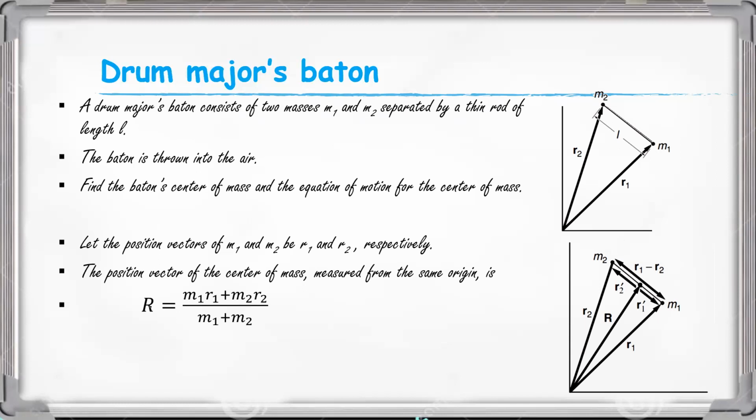From the definition of center of mass, R is equal to summation over j of mj rj divided by summation over j of mj. Here there are only two masses, so R is m1 r1 plus m2 r2 divided by m1 plus m2. Here we neglected the mass of the thin rod.